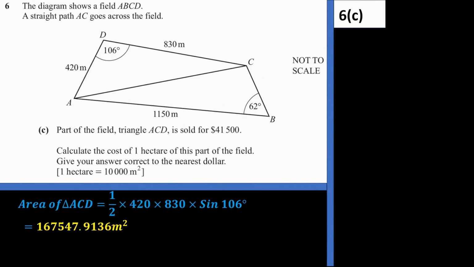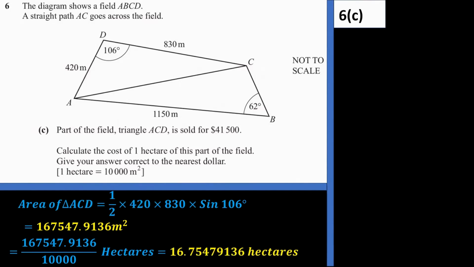If we multiply out, we have 167,547.9136 square meters. Now we are converting this to hectares. We divide by 10,000 because 1 hectare is 10,000 square meters. When we divide by 10,000, it gives us 16.75479136 hectares.